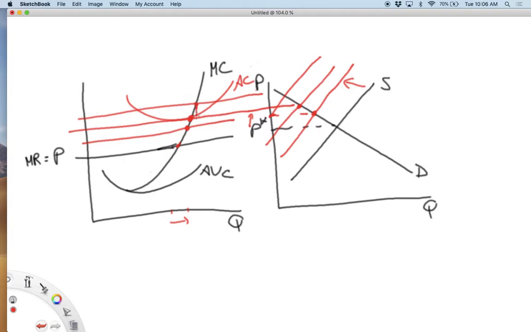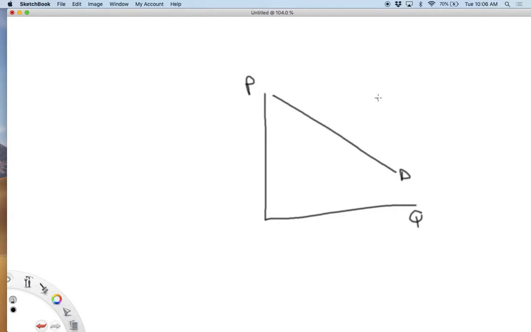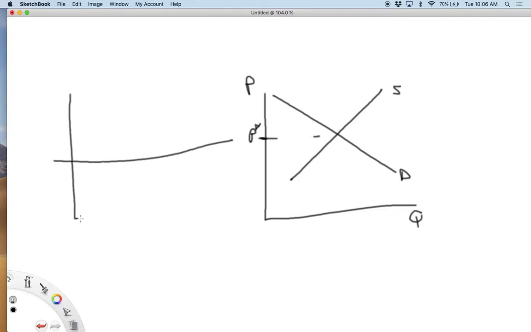When I'm making money, other people are going to hear. They're going to come into the industry until the only thing that's going to survive in the long run, because of free entry and exit, where nobody wants to come in and nobody wants to exit, is a situation where I am just breaking even.